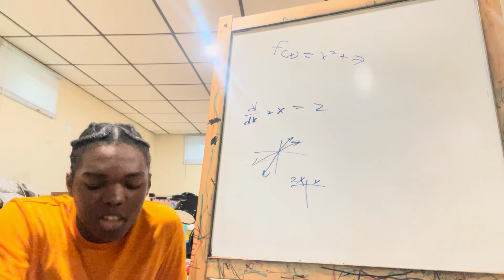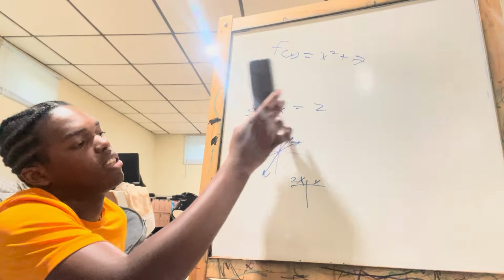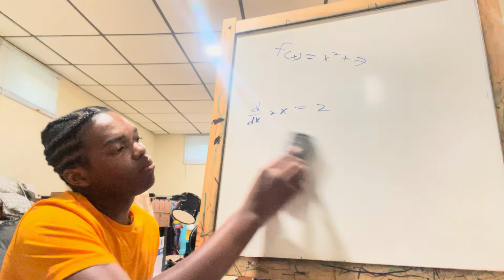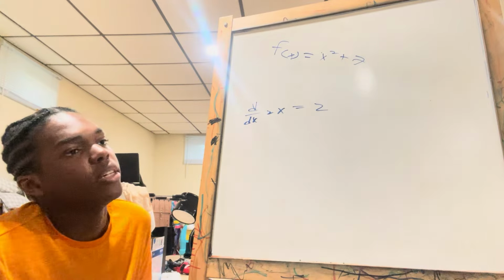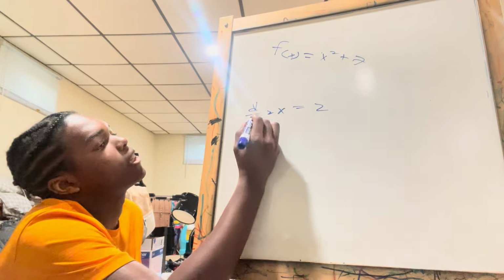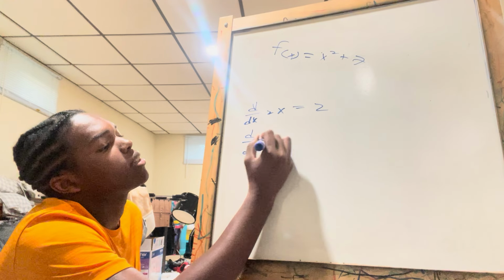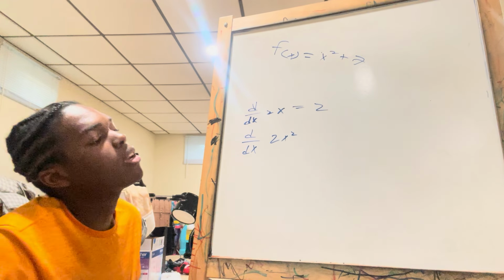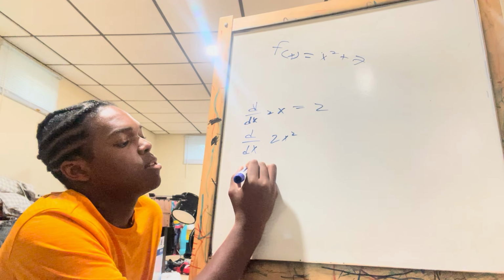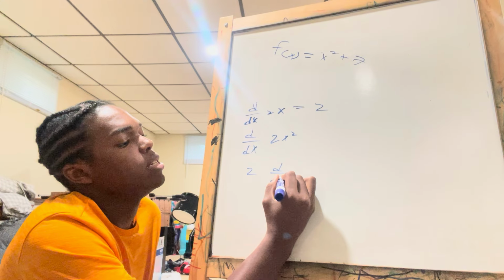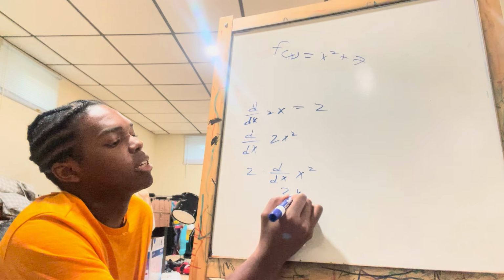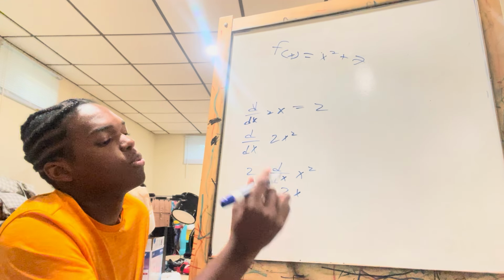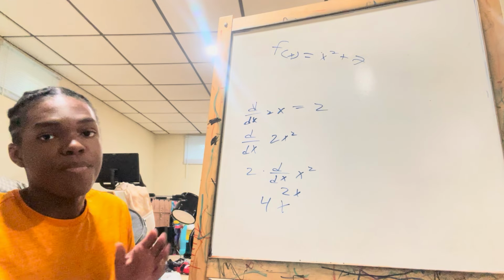Right? So it does change the slope since it's attached to this x over here, which is why it equals 2 here. And so if you had d of dx of 2x squared, it's the same as 2 times d dx of x squared, which is just 2x. So the derivative of this would just be 4x. Right?